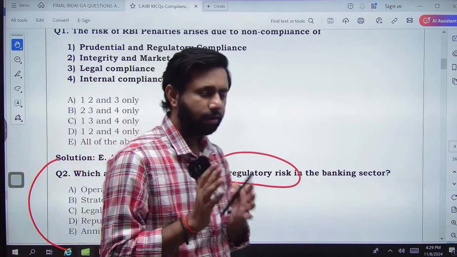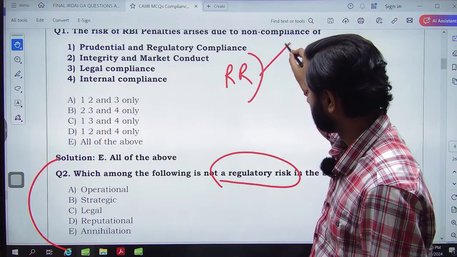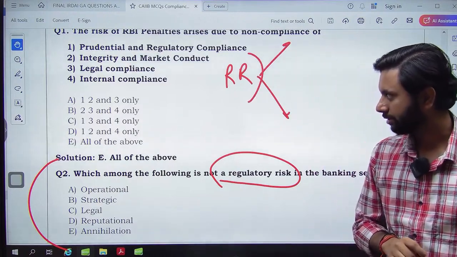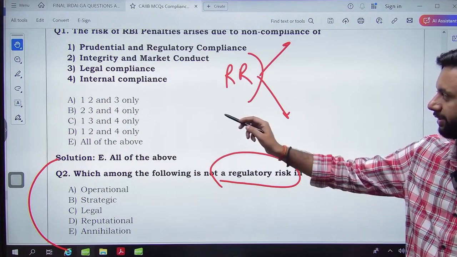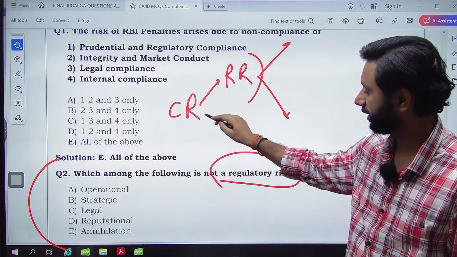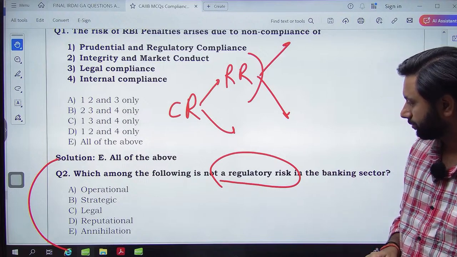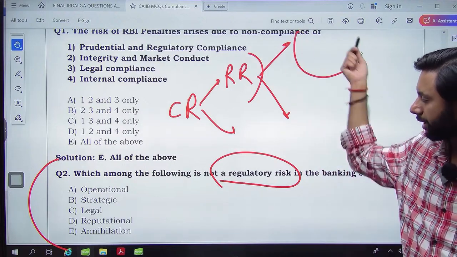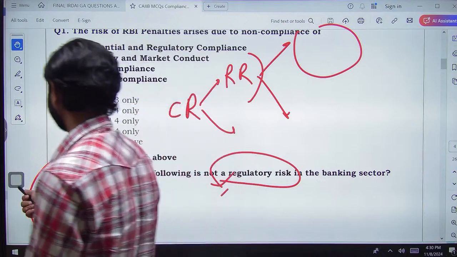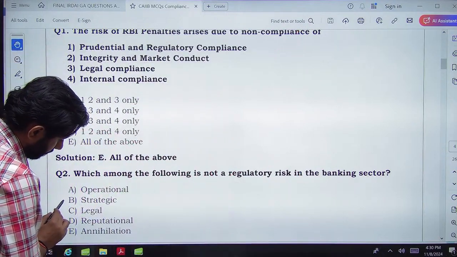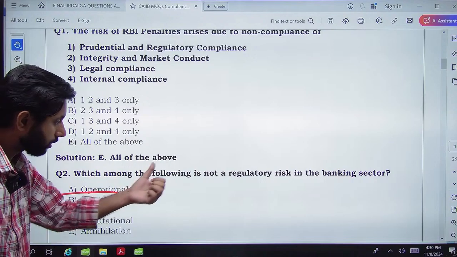So if you see and if you understand, और अगर आपने चैप्टर वो पढ़ा होगा तो उसमें आपको पता होगा कि रेगुलेटरी रिस्क, or risks, compliance risks are divided into regulatory and other types. तो रेगुलेटरी के अंदर कौन कौन सी रिस्क हैं, वो पता अगर आपको होगी तो आपको जो क्वेश्चन पूछ रहा है उसकी जरूरत नहीं है, ठीक है। So the answer is strategic risks, because this is business risk, not regulatory risk.